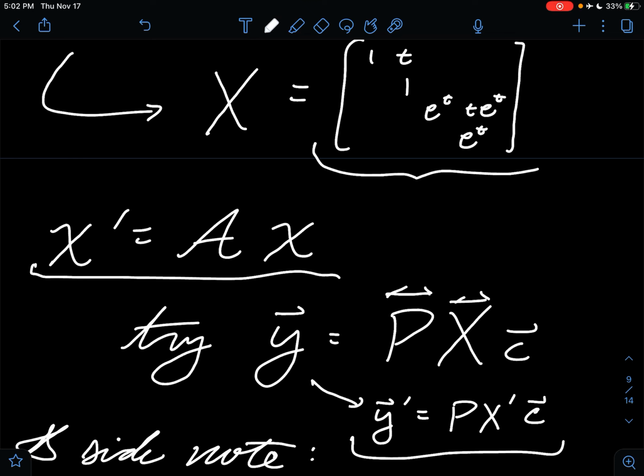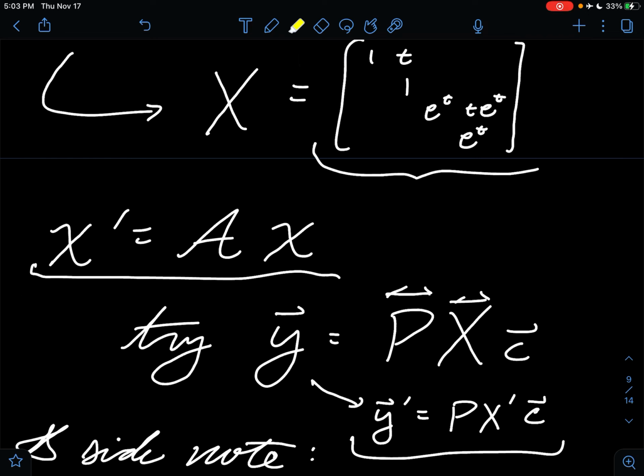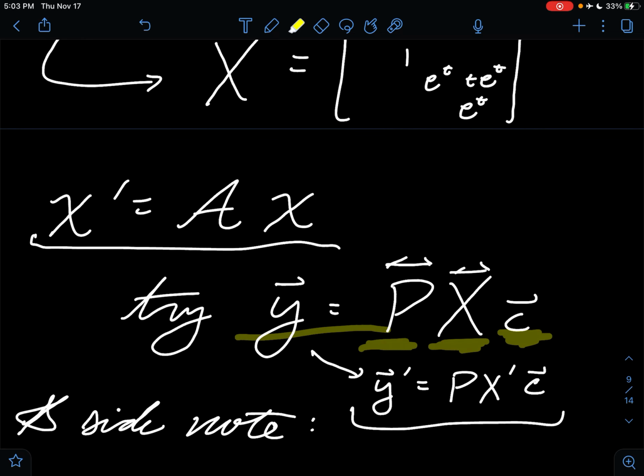We had our initial problem, x prime equals ax, and we're going to try the solution y equals P, the thing we calculated, times X, this thing corresponding to our Jordan form, times the constant vector c, as in c1, c2, c3, etc., the coefficients of our solution.